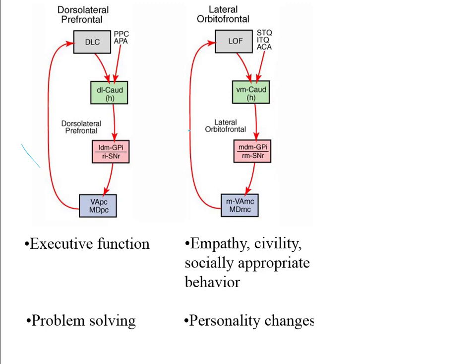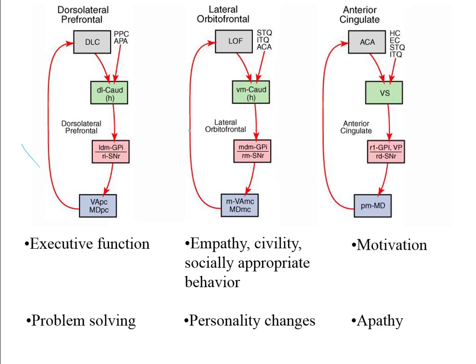and components of thalamus and back. And then finally, we'll see that we have a loop that comes from the anterior cingulate to the so-called ventral striatum that we'll talk about when we talk about hypothalamus and cingulate structures, that uses other components of GPi as well as other components in thalamus.